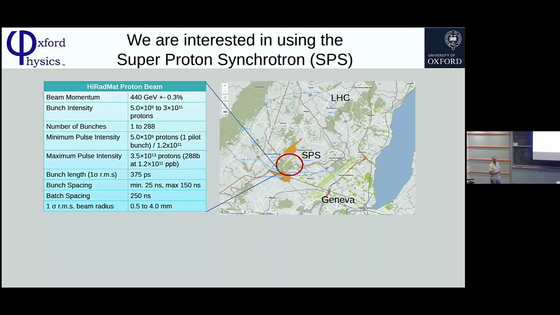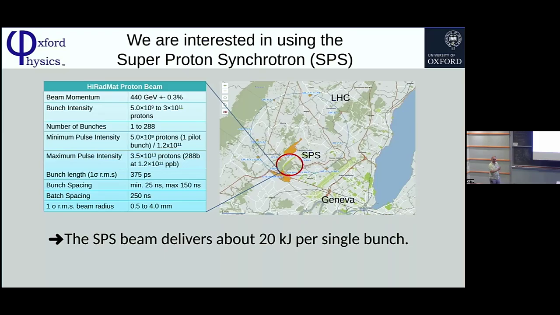Even with a single bunch, the energy that a single proton bunch can provide is on the order of 20 kilojoules per bunch. For people that do laser experiments, this is an incredible amount already in a single bunch. If we use all the bunches here, we have an energy which exceeds the largest laser available in the world, which is the National Ignition Facility laser at Lawrence Livermore.